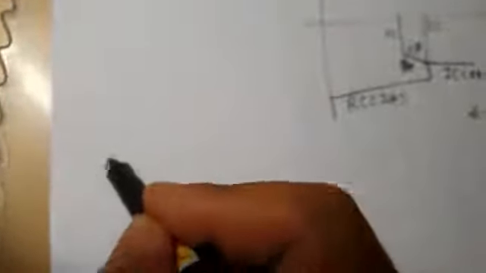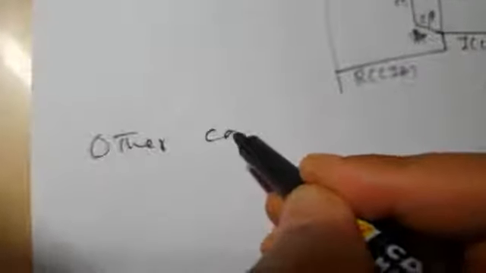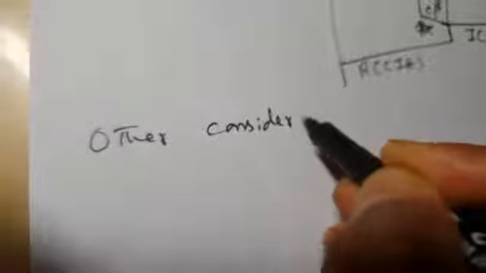So what are the other corrections or other considerations apart from introducing constant beta control? What are the other considerations?